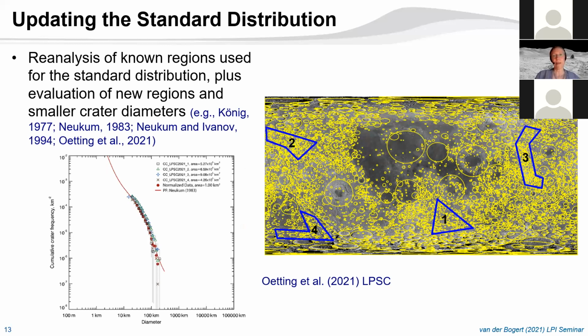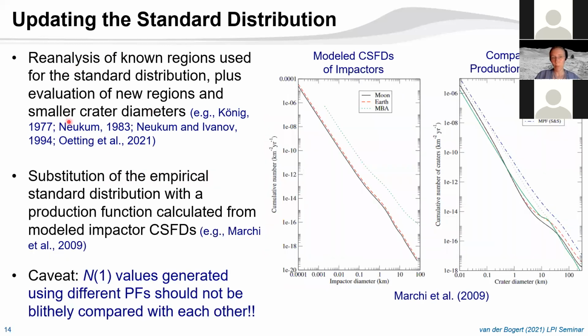Now, I also mentioned that rather than just using an empirical measurement of the production function, you can also substitute the standard distribution with a production function that's calculated from modeled impactor CSFDs. The big example here is McPhee's work in 2009. Basically, you can take the observed size frequency distribution of different asteroid populations, extrapolate that to smaller sizes, and use that to calculate what the production function should be on the moon.